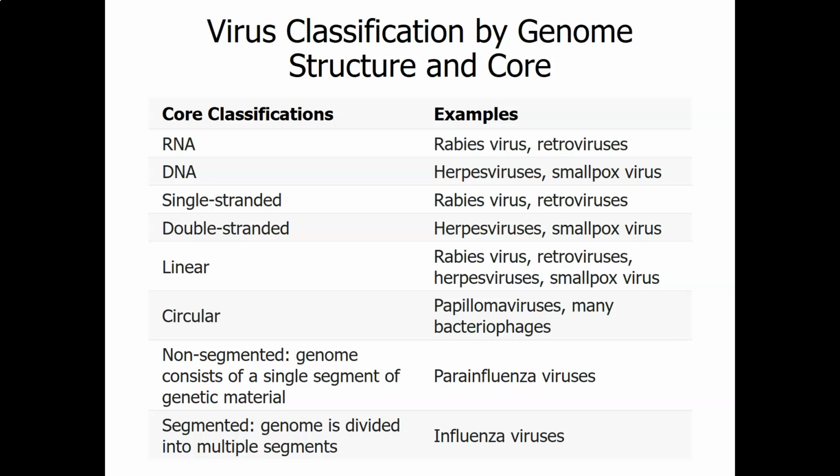If we look here at this list, the rabies virus and the retroviruses, we can see that they are single-stranded RNA viruses. So you can actually describe it as single-stranded RNA. And then the herpes virus and the smallpox virus could be described as double-stranded DNA.